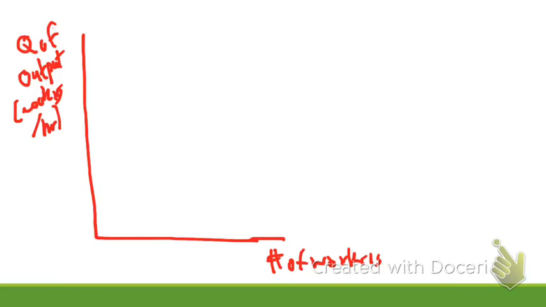Okay, so we had data up to 5 workers. So 1, 2, 3, 4, and 5 workers. And then on this axis, we'll try to squeeze in the number of cookies. It goes up to 150. So I'm just going to do it in increments of 10, so I can fit the numbers.